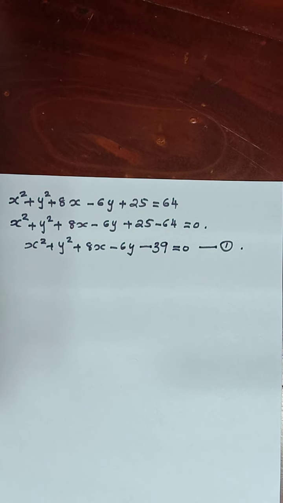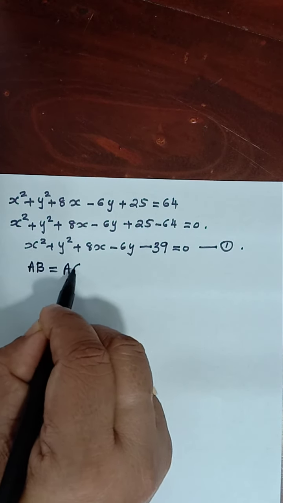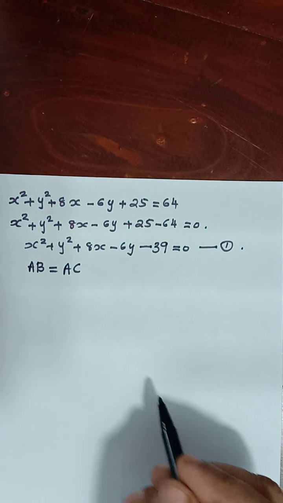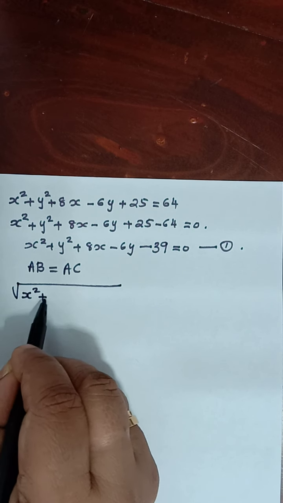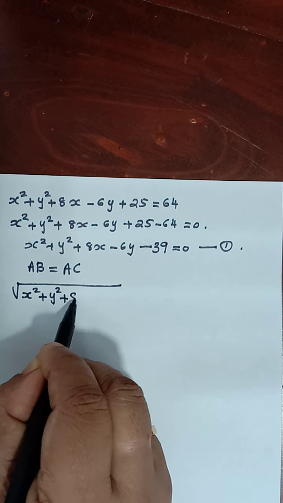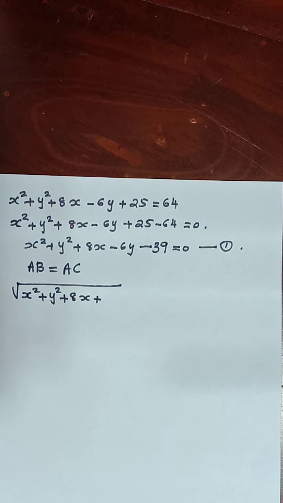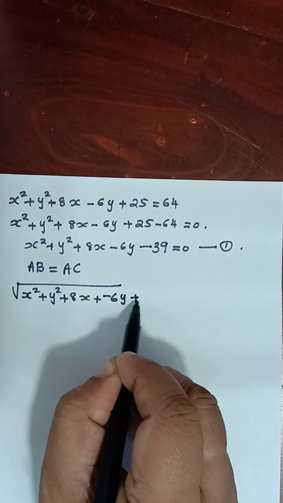Now one more step we will do, that is AB equal to AC. Because all the three sides are equal in length, AB equal to AC. AB is the square root of x square plus y square plus 8x minus 6y plus 25.